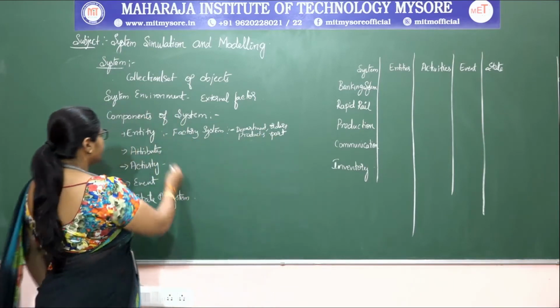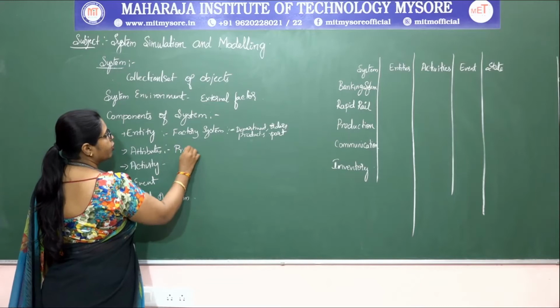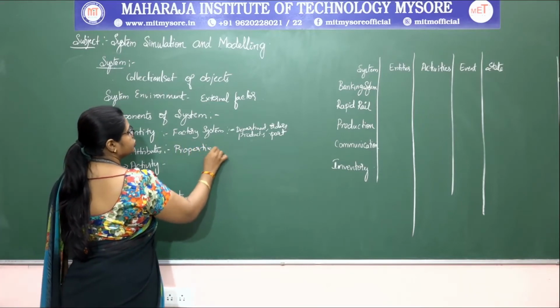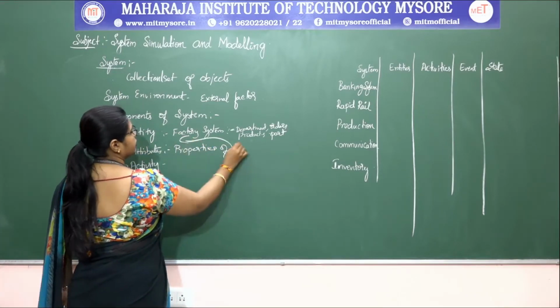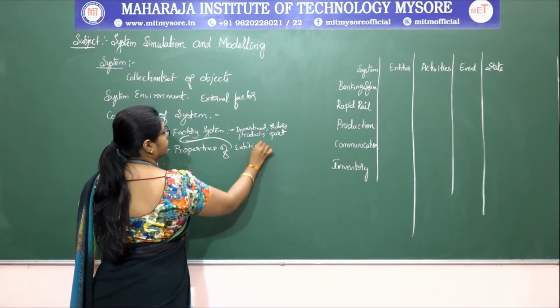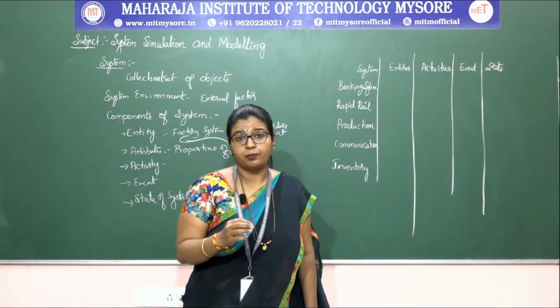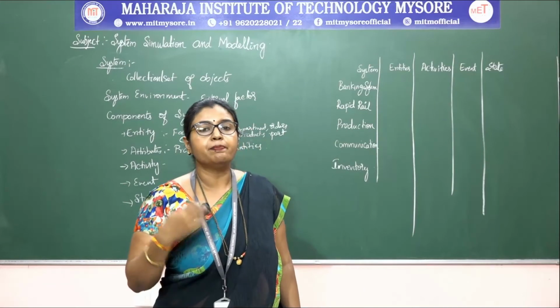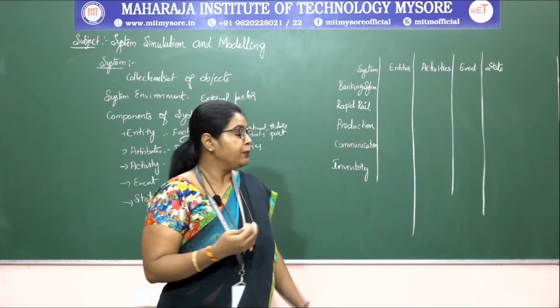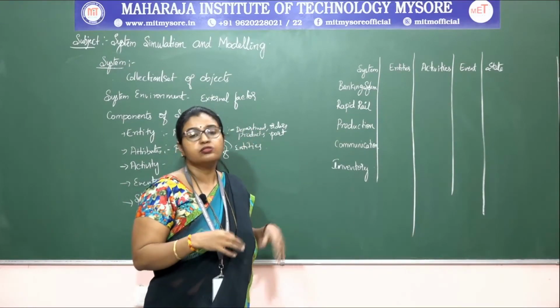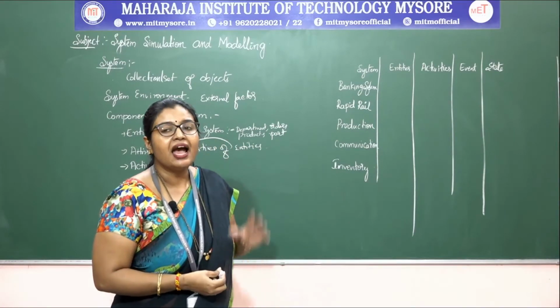So you can consider this as the property of entities, right? So it might be the number of departments, part type, or the number of orders coming into the system. So those all can be considered as attributes.